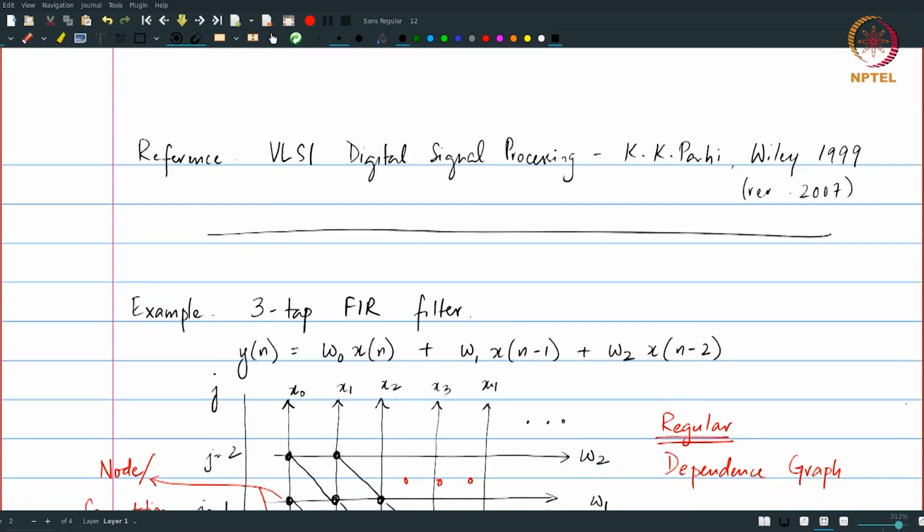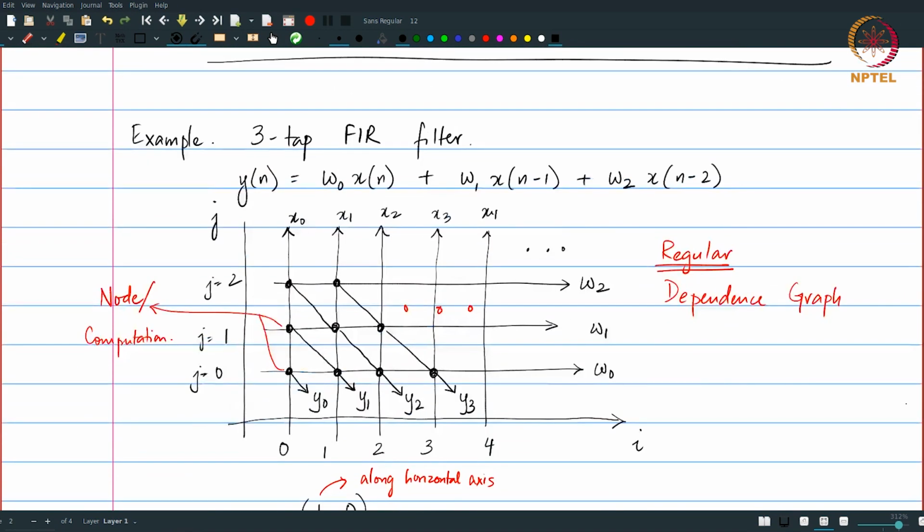In terms of the dependence graph that we have over here, you will notice that yes, there are quite a few such processor nodes that lie on the same horizontal line. How exactly do these map? What are the possible values of D that we can use? That's basically what we are going to look at in the examples that follow.